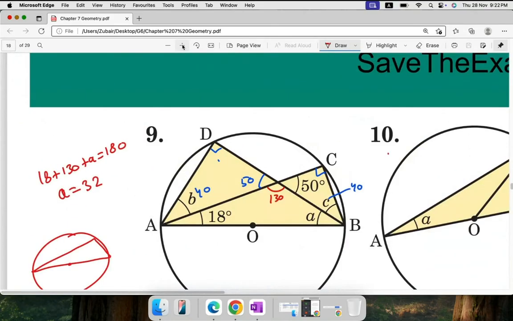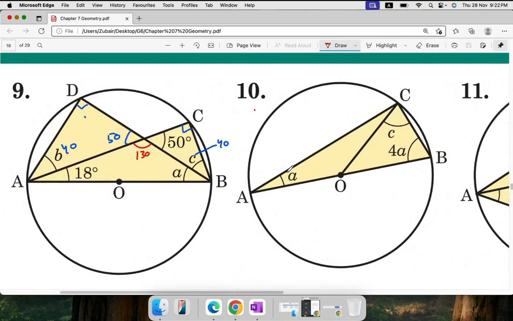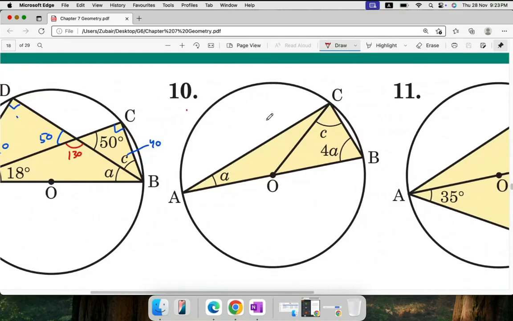Question number 10. Are you on to this? Yes, sir.